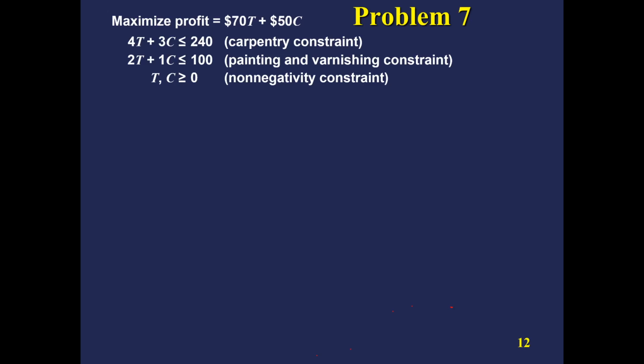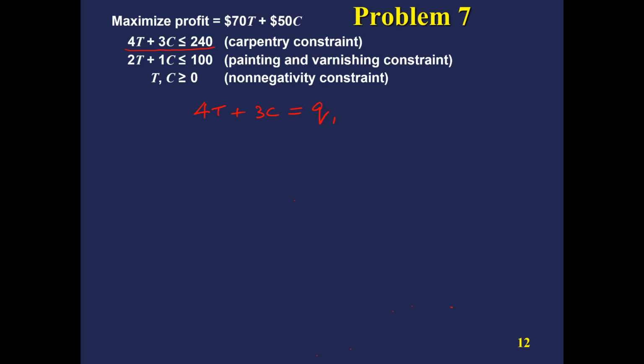Now we want to find out how much Q can vary on the right hand side, let's say of the Carpentry constraint. So we can say 4T plus 3C is equal to Q1, and we want to see how much Q can vary without changing the variable solution mix, or another way of saying it, to keep the same shadow price.